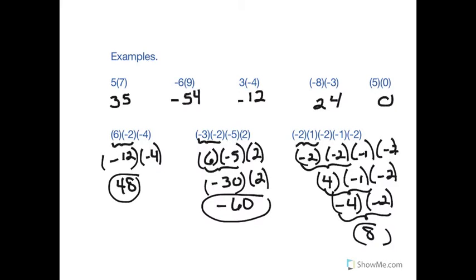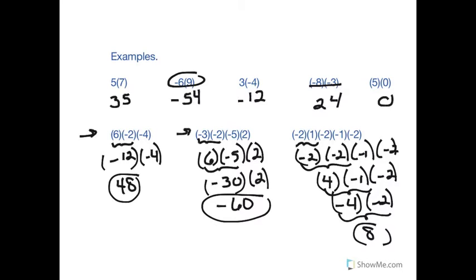Now let's take a look at this for a minute. When we said way up here that a negative times a positive has one negative symbol, it's going to be negative. Here we have two negative numbers. That's even. It's positive. Here we have 1, 2, 3 negative numbers. That's odd.